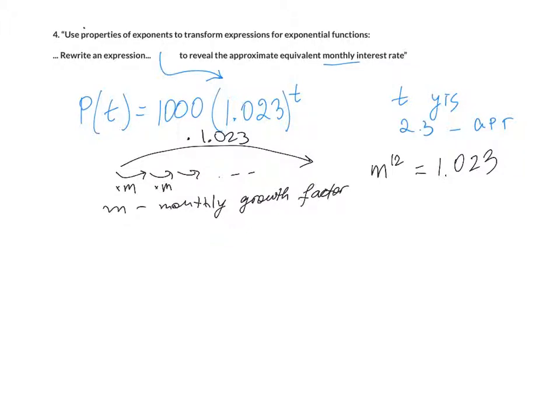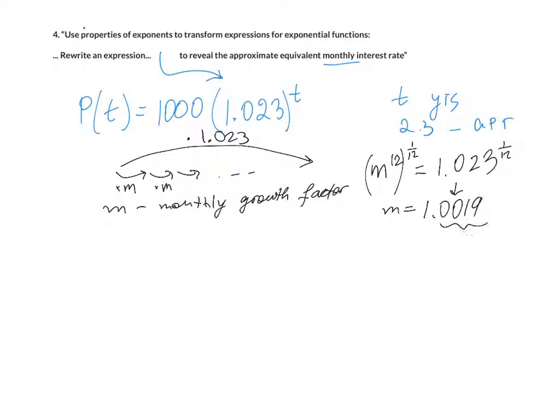Okay, now to solve this equation for m, you probably know that you can take the 12th root, or if you don't, to undo the 12th power, we need to raise to the reciprocal power, which is the same as the root. So please evaluate this number on your calculator. Okay, so you got 1.0019. So this is the factor.